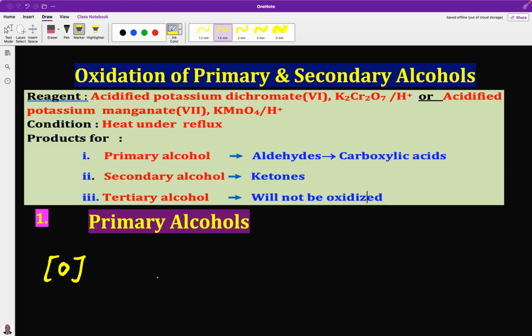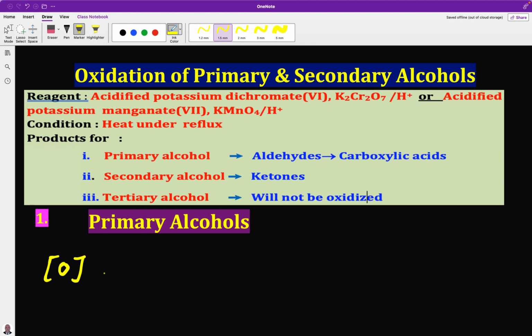This symbol signifies that the oxygen is added from an oxidizing agent. As you see, it signifies that the oxygen added is from an oxidizing agent, and it is represented in this form, oxygen in a square bracket.